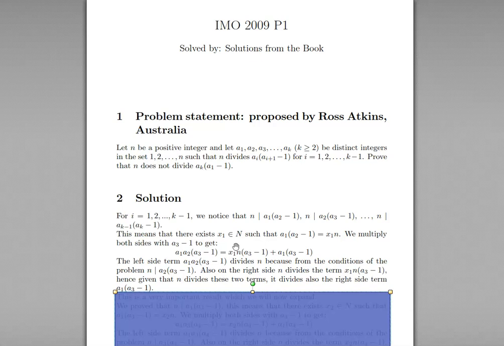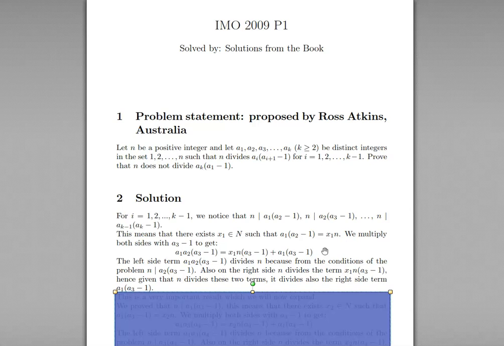Now we do one of the important parts of this solution. We multiply both sides of this expression by a3 minus 1, and we get a1 times a2 times (a3 minus 1) is equal to x1 times n times (a3 minus 1) plus a1 times (a3 minus 1). We make some simple statements.